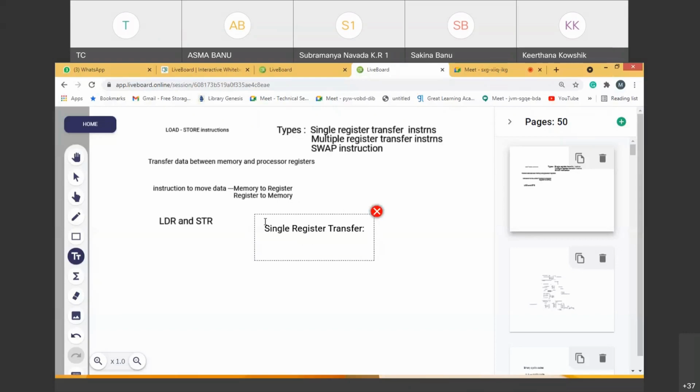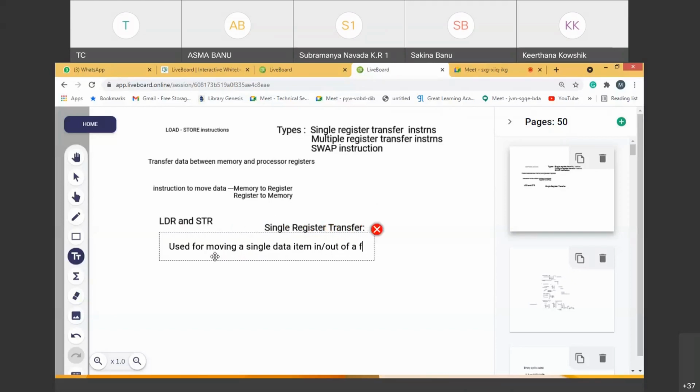Now, what is this single register instruction? Single register transfer instructions are used for moving, or transferring, a single data item in or out of a register.